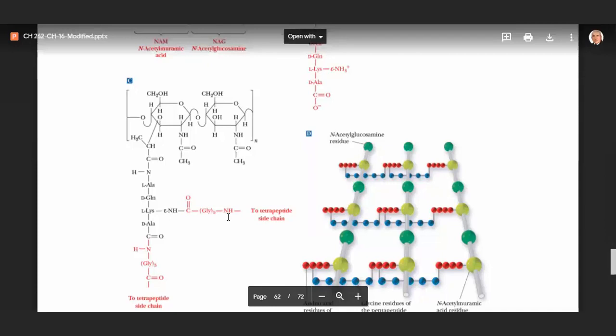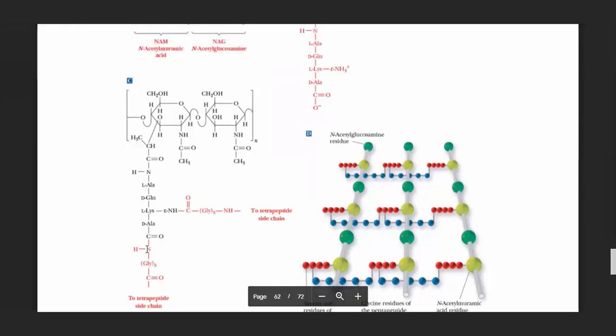One is to the N-terminal group of D-alanine, and the other one to the epsilon amino group of the lysine residue.